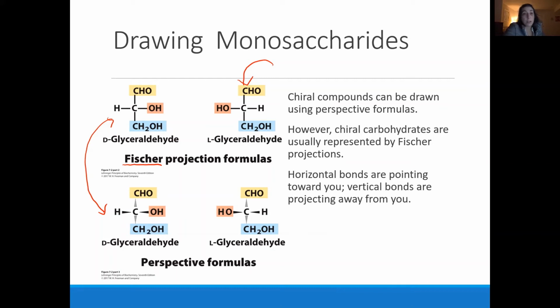Now remember, this could be a ketone or it could be an aldehyde, but if you keep it at the top and keep the carbonyl carbon here, and the end of sugars usually has a CH2OH like this, if that is on the bottom. If an OH is on the left, it is in the L form. And if an OH is on the right, it is in the D form.